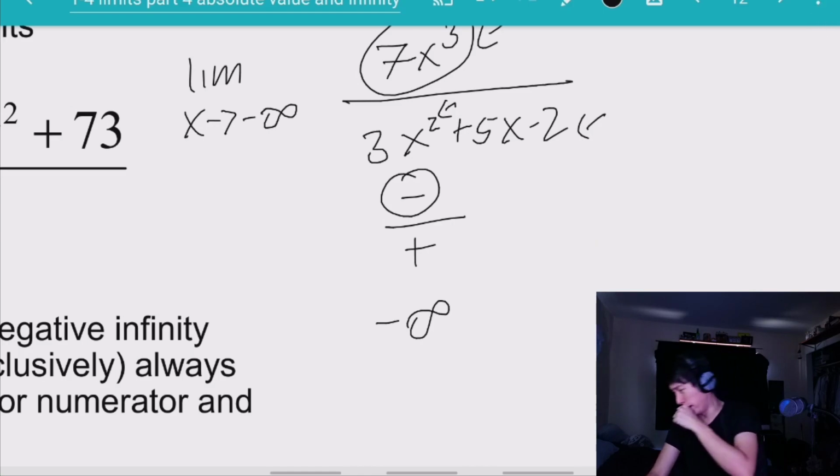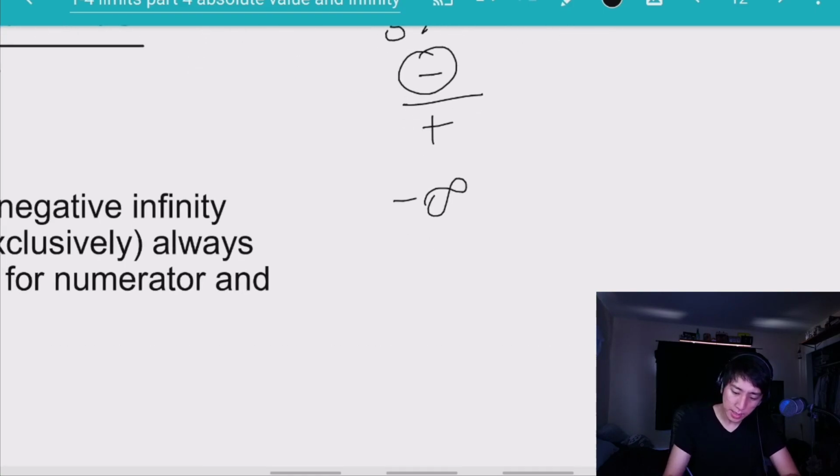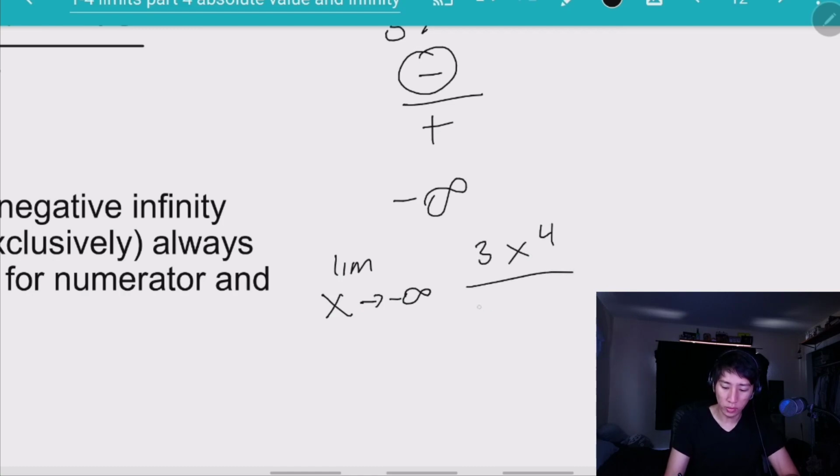Obviously, you can't just say, if it's approaching negative infinity, it's going to be negative infinity, or positive infinity, it's going to be positive infinity. You always want to do this quick sign check, and I'll show you why. Sometimes you get stuff like this: the limit as x approaches negative infinity of 3x to the fourth over 7x squared.